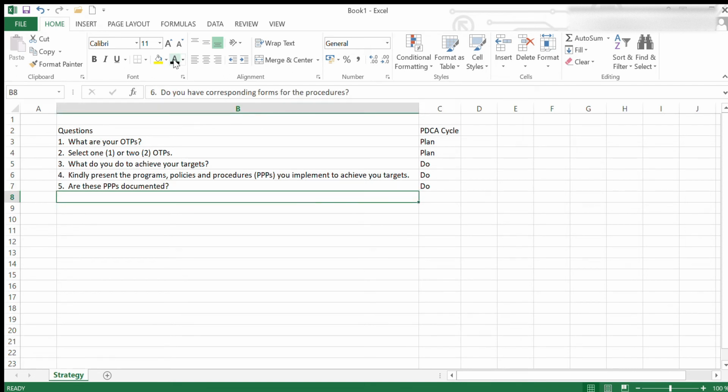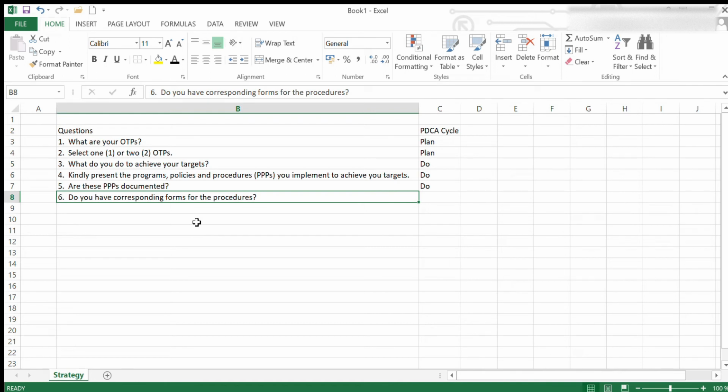If it's documented, we would also ask if the procedures have corresponding forms. For example, for the fall protection program, if they include a harness as part of their PPEs, they will surely have forms in relation to the harness, for example, a checklist on what to do prior to issuance of the harness.